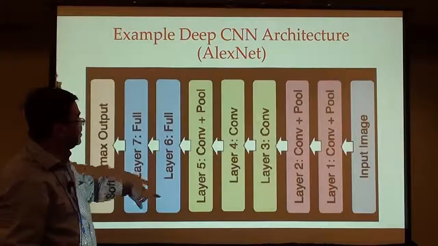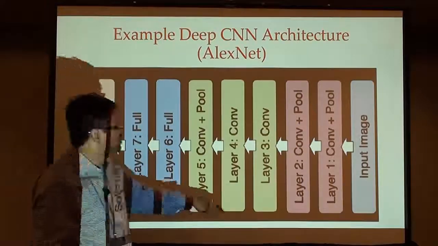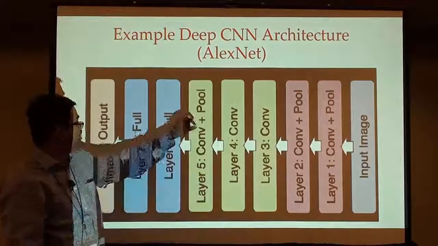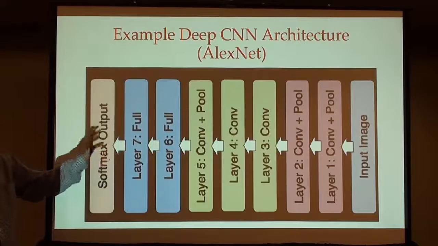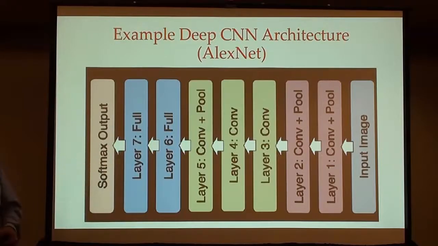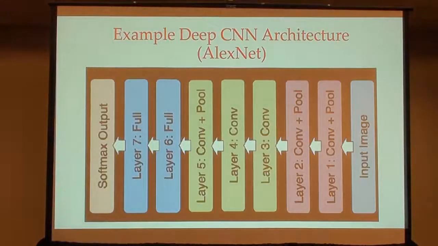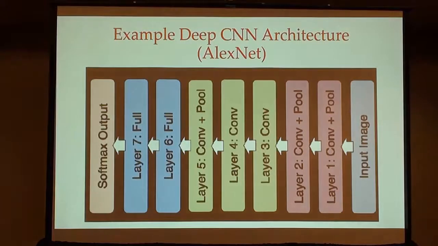So you can see that there were 7 hidden layers, and there were 3 or 4, 5 layers of basically convolution, and then 2 layers of this fully connected architecture, and then just softmax because it was outputting a probability of the different classes of objects. Okay? So it's complex, but you can break down the concepts and understand it piece by piece.